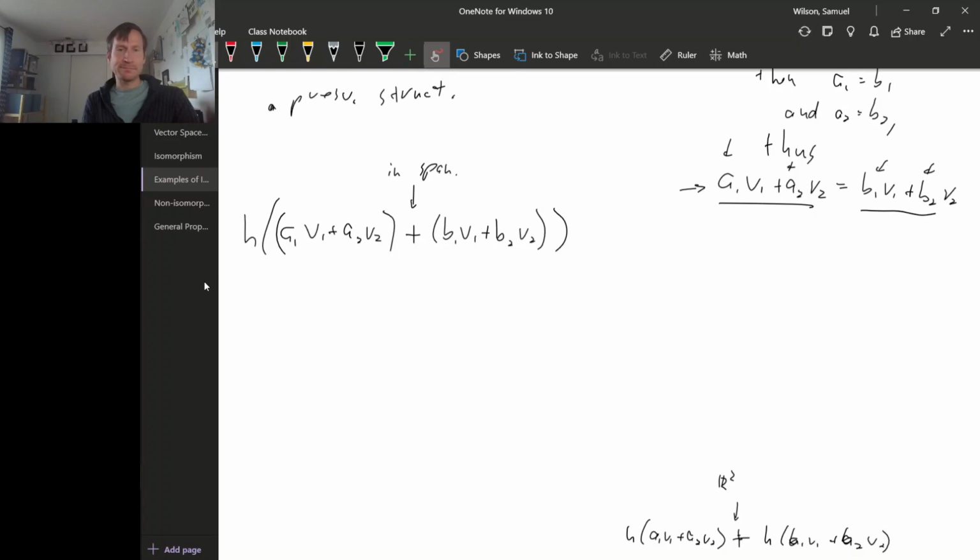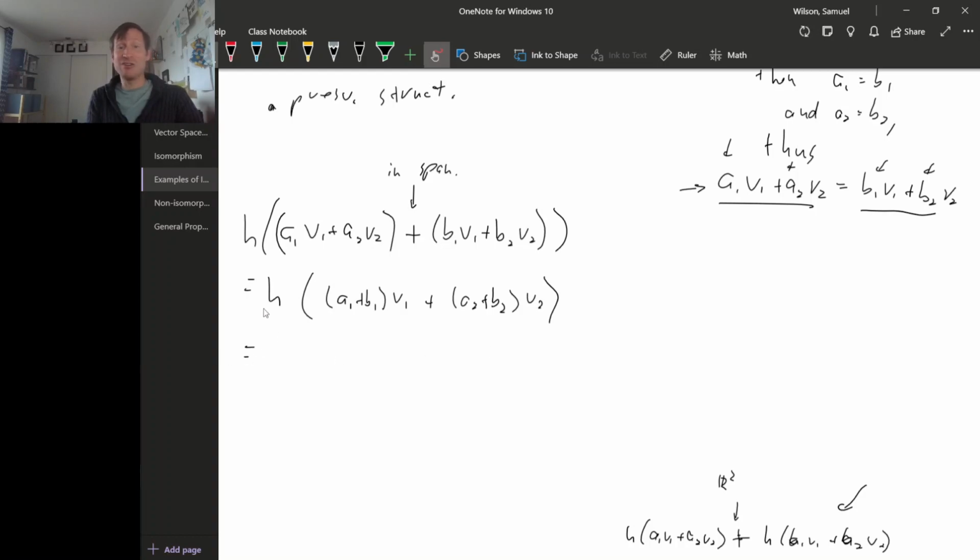Okay. So, right, this is what we're hoping to get, but we have to do a calculation. So we can do this addition, first of all. What we get is (A1 plus B1) V1 plus (A2 plus B2) V2.